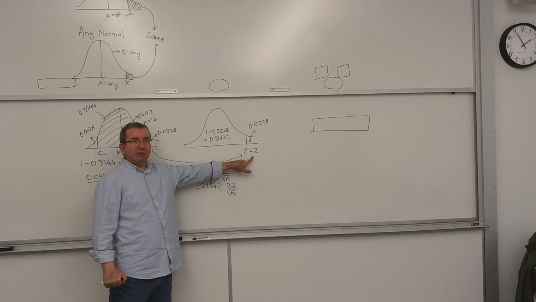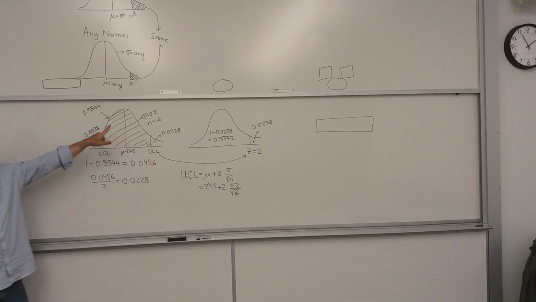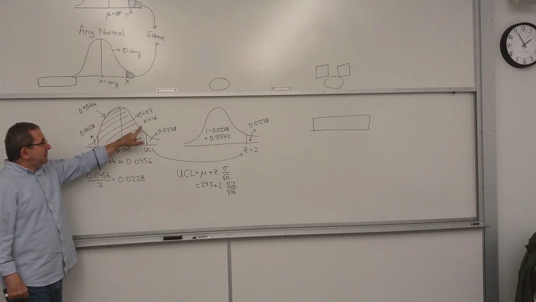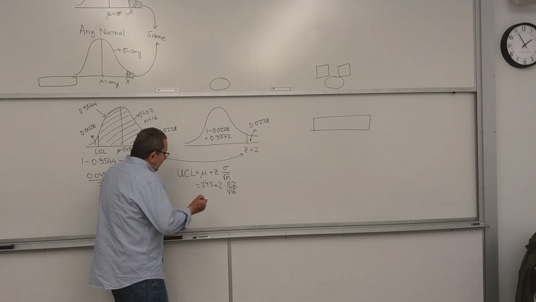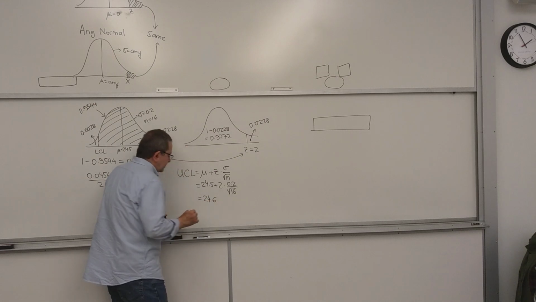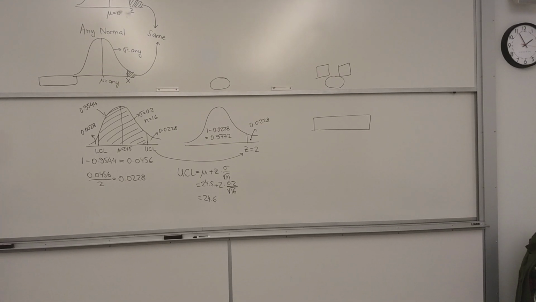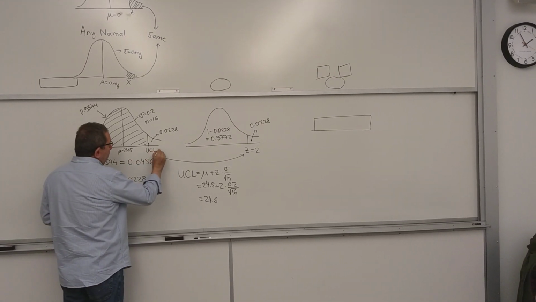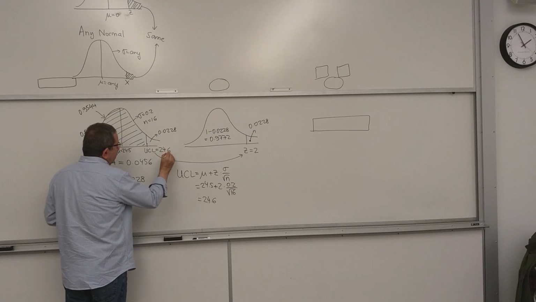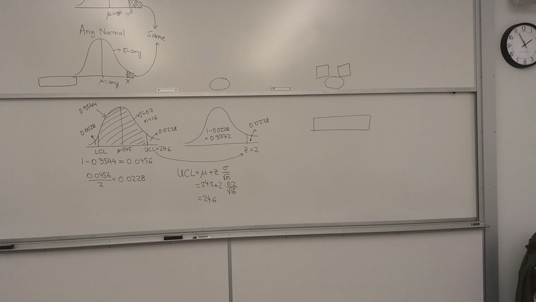We just found out z was 2. Sigma is given in the question, and n is also given in the question. And the answer to this will be 24.6. Okay? So that means our upper control limit will be 24.6. Any questions? Okay. All right.